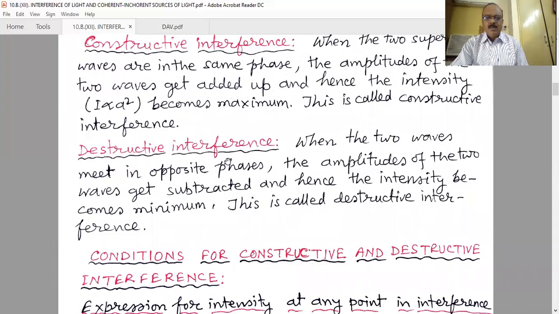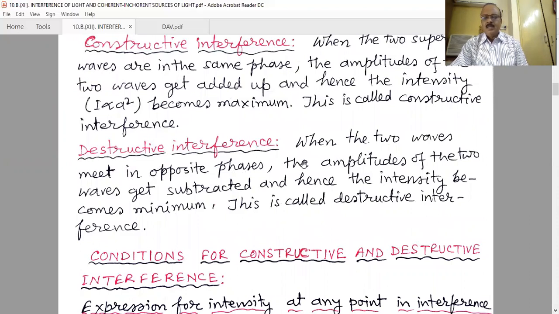At the same time, right next to this constructive interference, there will be destructive interference also. When the two waves meet in opposite phases, the amplitudes of the two waves get subtracted and hence the intensity becomes minimum. This is called destructive interference.